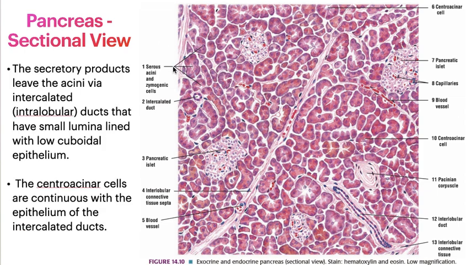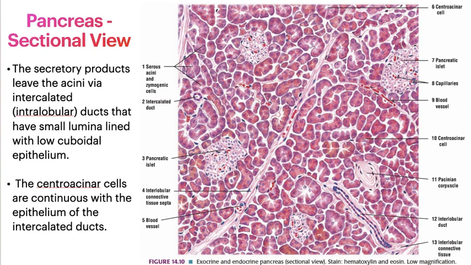The secretory products leave the acinus via the intercalated or intralobular duct, which has a small lumen lined with low cuboidal epithelium.